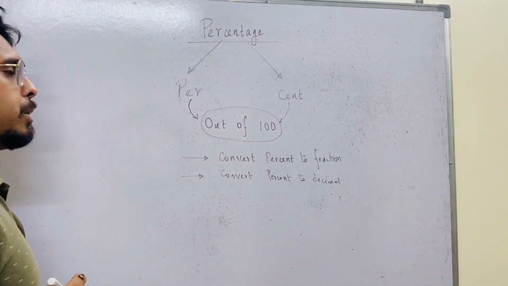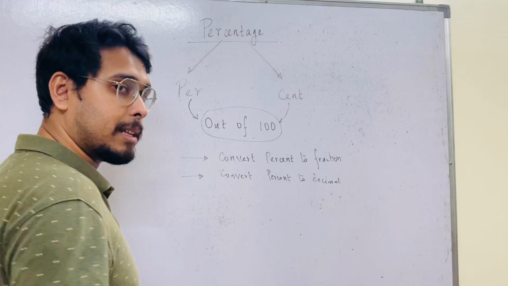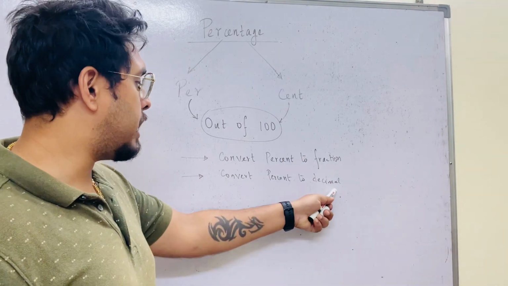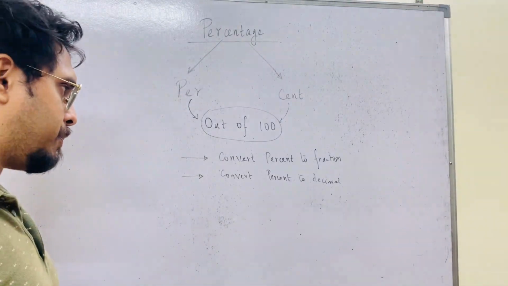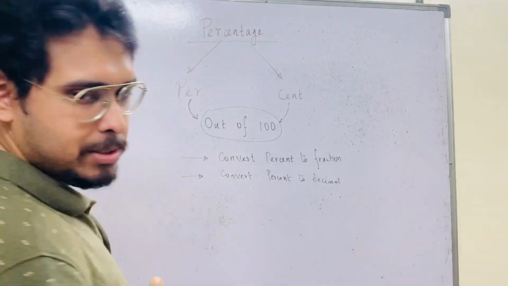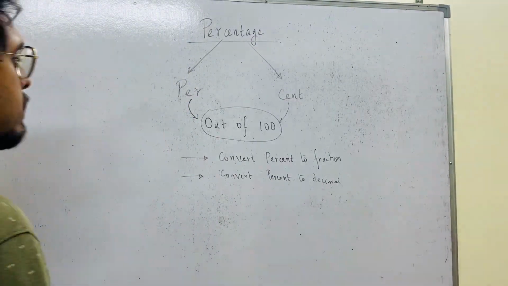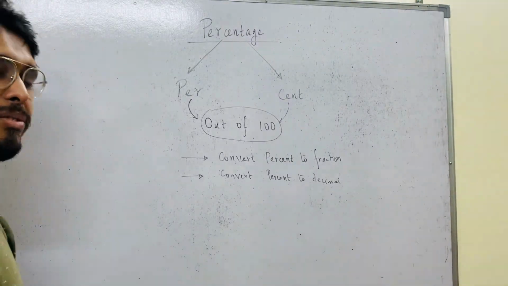Then we will learn the reverse, that means how to convert fraction to percent and decimal to percent. First, let us start by taking a few examples on how to convert percent to fraction.